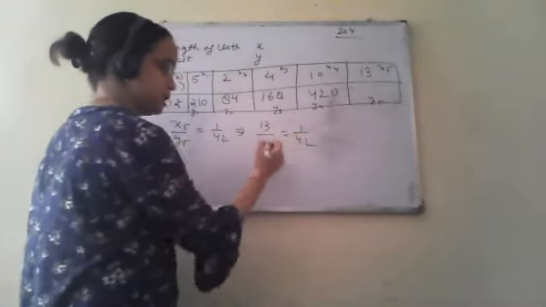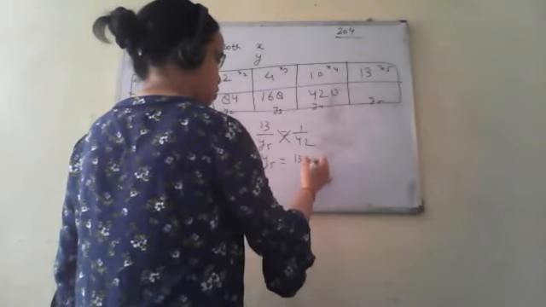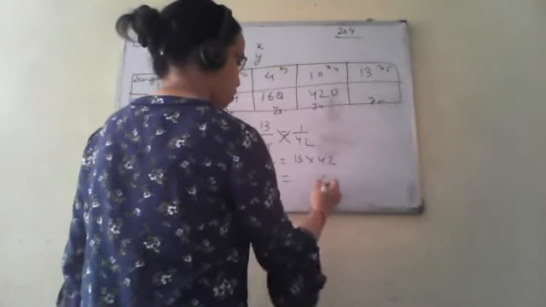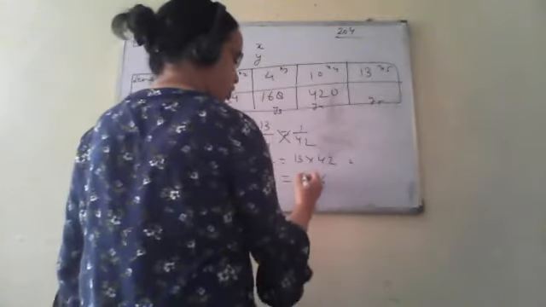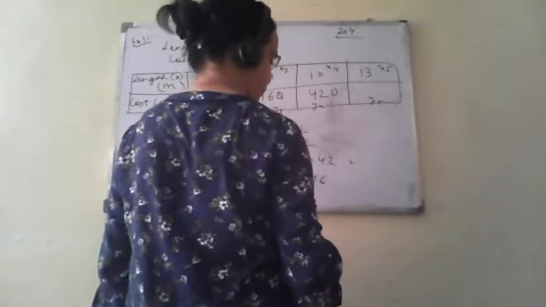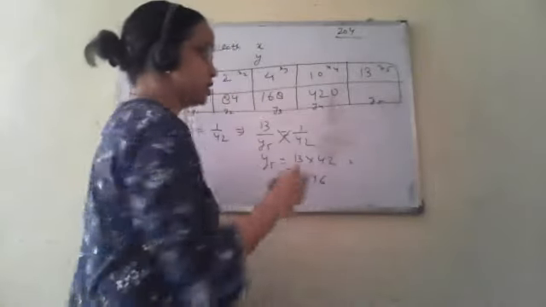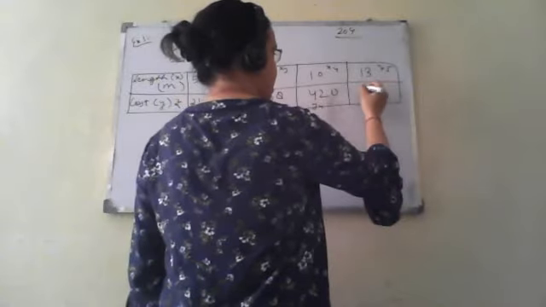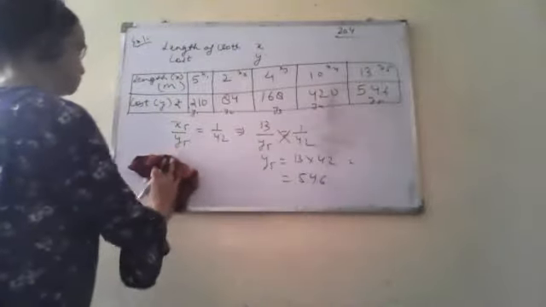By doing cross multiplication, y5 equals 13 into 42. It comes out to be 546. The cost of 13 meters of cloth will be 546 rupees. So I hope it is clear how you are going to solve the questions.